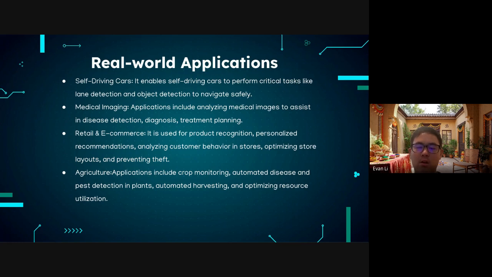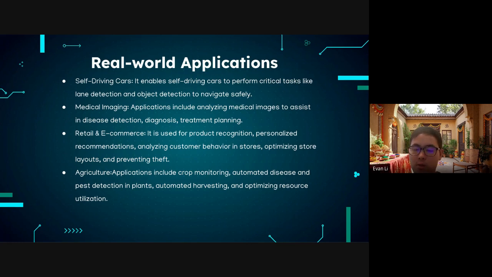Applications include automated cancer detection in mammograms and CT scans, early identification of retinal diseases from fundus images, segmentation of organs and tumors for surgical planning, and improved accuracy and efficiency in analyzing large volumes of medical images, ultimately leading to faster and more precise diagnoses and improved patient outcomes.